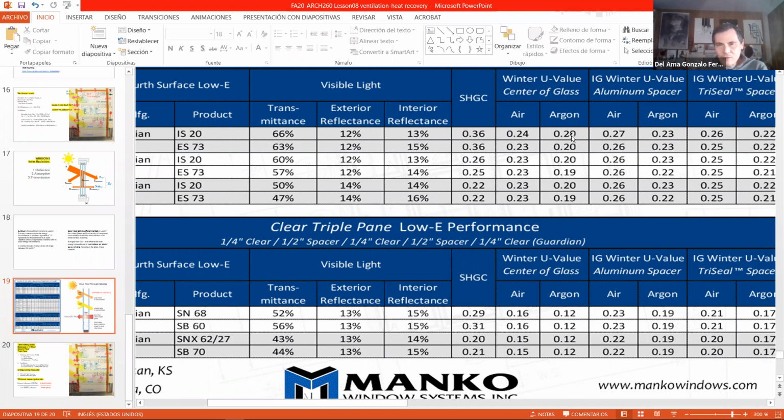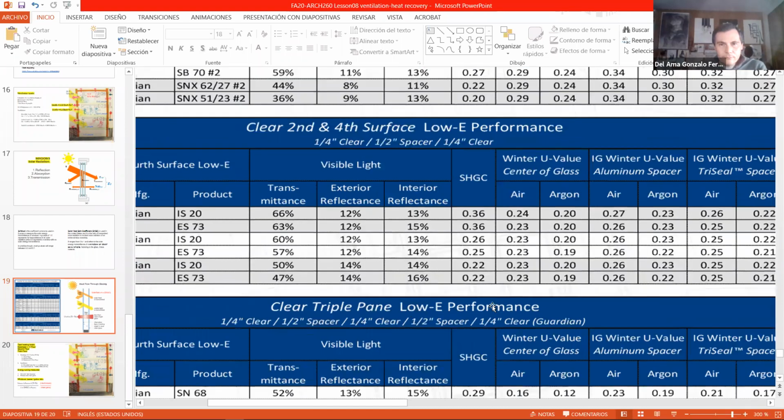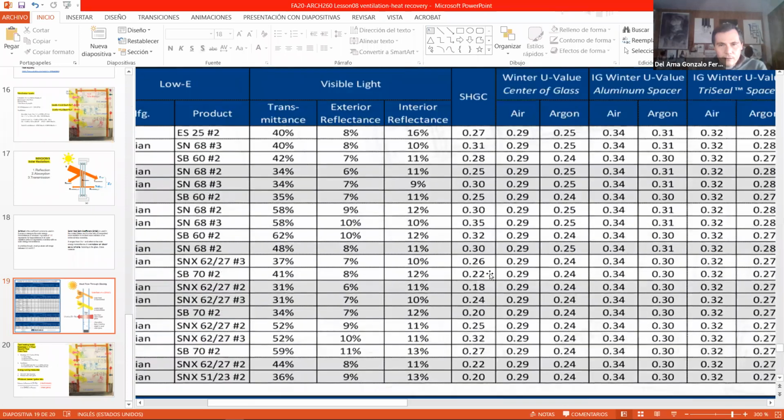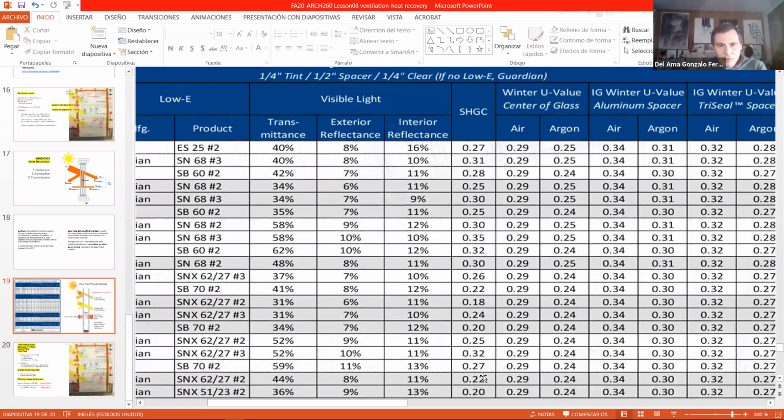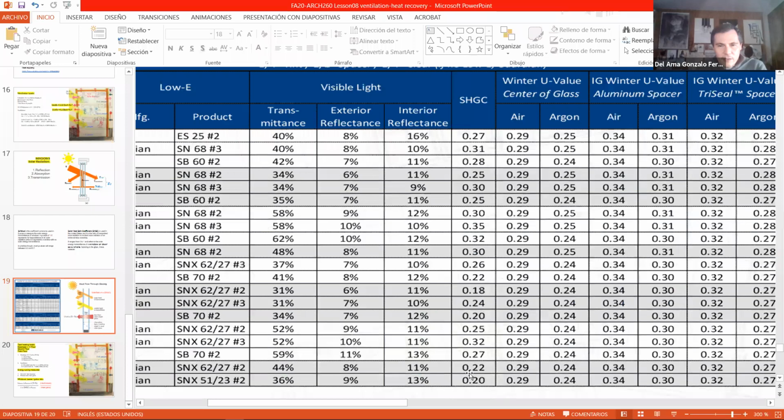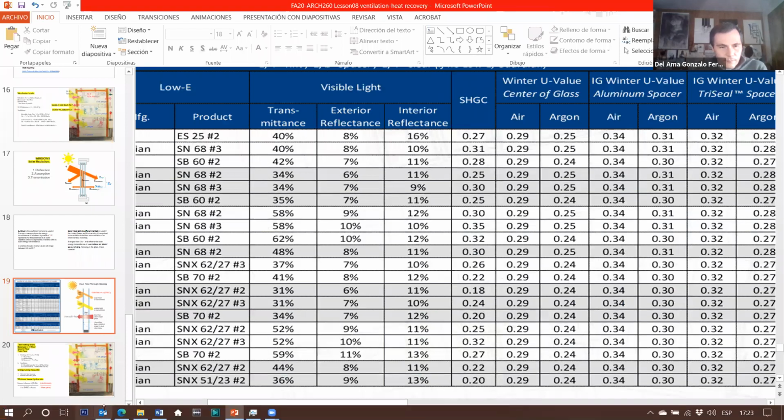With the double glass you see that we can have 0.2, 0.19, but with the triple glass with argon, it's close to 0.1. So this is much better than those. But the solar heat gain coefficient depends. This is 0.36, 0.39, 0.31. I think in this catalog, all the solar heat gain coefficients are very low.